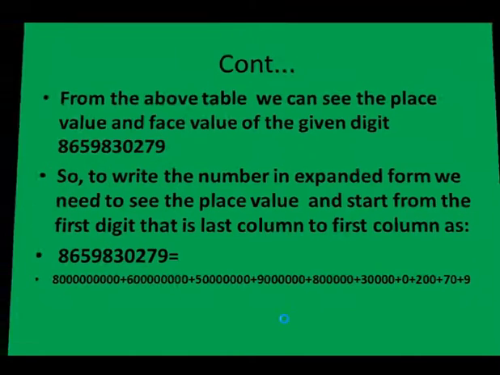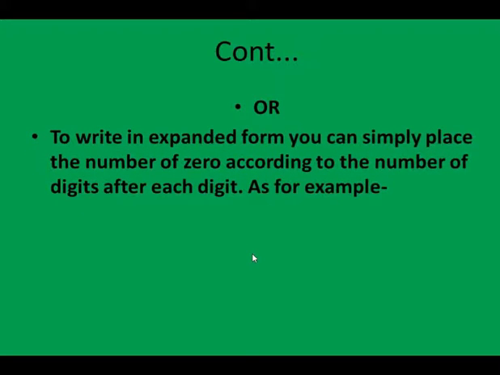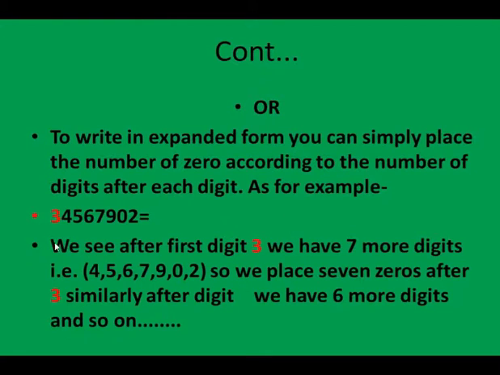Or we can say, to write in expanded form, you can simply place zeros according to the number of digits after each digit. For example, here in this number we have been given, to write in expanded form we can see that the first digit is 3, and after 3 we can see 7 more digits.